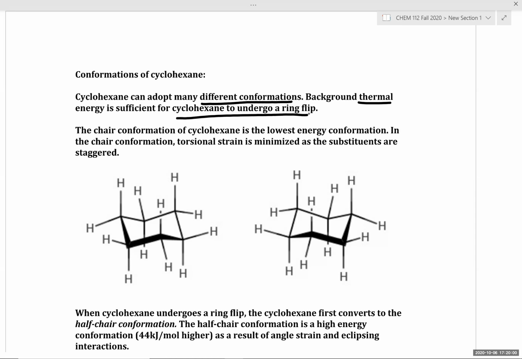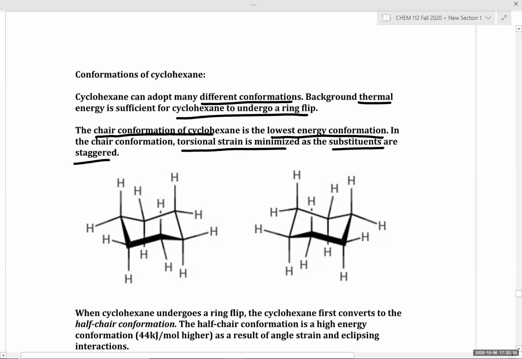Now, the reason why we focus so much on the chair conformations is that the chair conformation of cyclohexane is the lowest energy conformation. The reason for that is torsional strain is minimized and the substituents are all staggered.